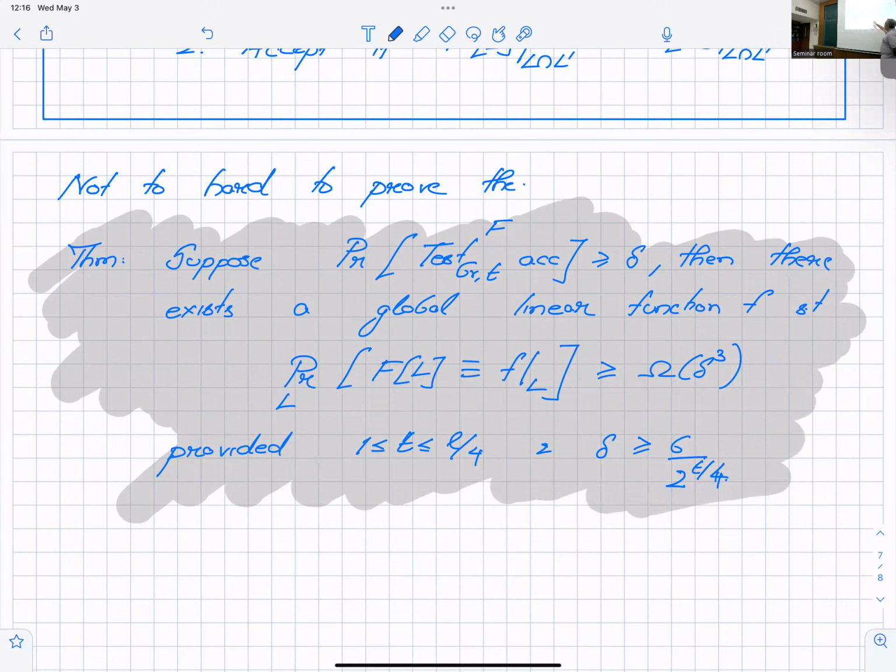Firstly, this test works only when the intersection is not too large, and on the other hand, the intersection is not too small. If you want it for a particular delta, this puts a lower bound on T. So you need the intersection to be at least this size and at most this size. That is, the intersection should be bounded away from 1, and it should be a constant fraction away from L, like L by 4. So this is not what we want.